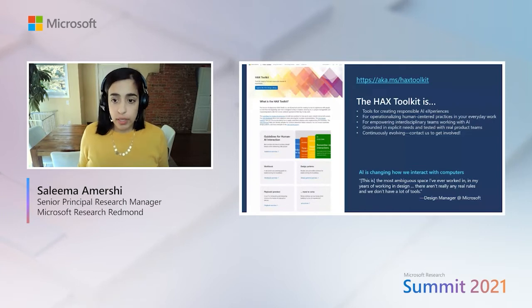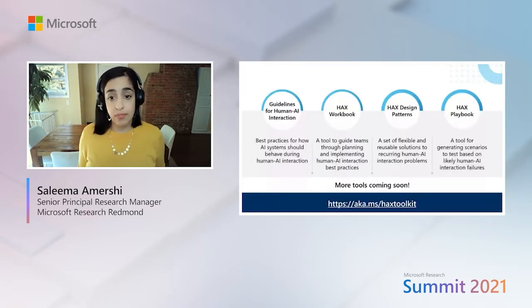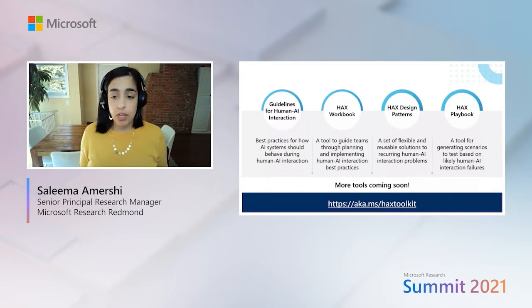So currently, the toolkit includes these tools that help with different parts of the AI development process, and more will be coming soon as we develop them. So the first tool is the Guidelines for Human AI Interaction, which is a set of best practices for how AI systems should behave during human interaction with an AI product. Second is the HAX Workbook, which is a tool to guide teams through planning and implementing human AI interaction best practices.